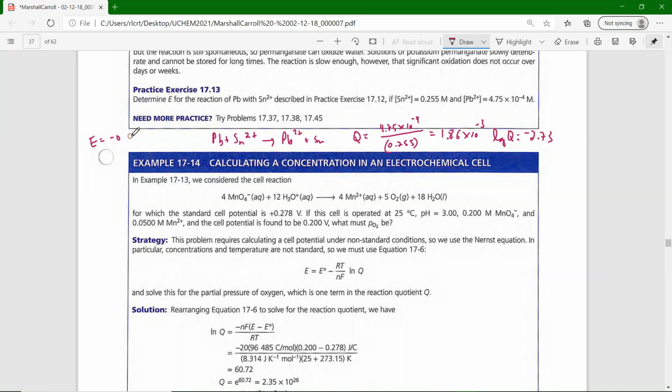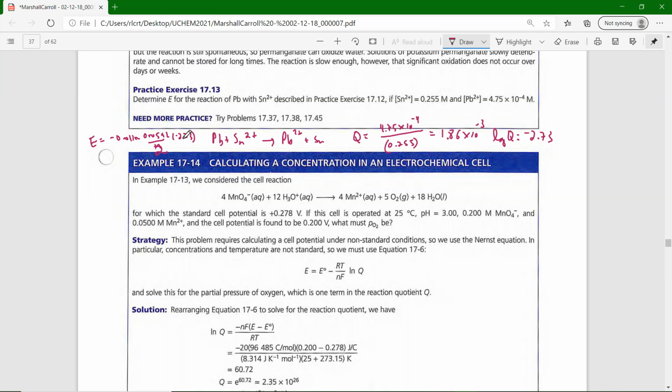Negative 0.011. E equals E naught. Now what's my next equation? Minus 0.0592 over N. So 0.011 minus 0.0592 over N, and N is 2 here, right? 2 log of Q, which is minus 2.73.